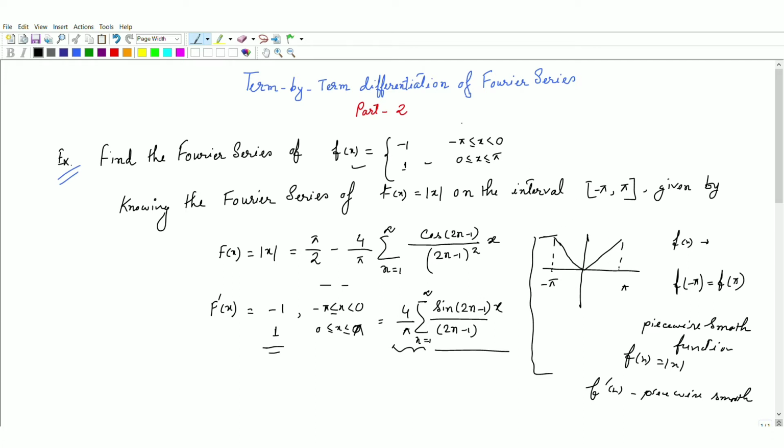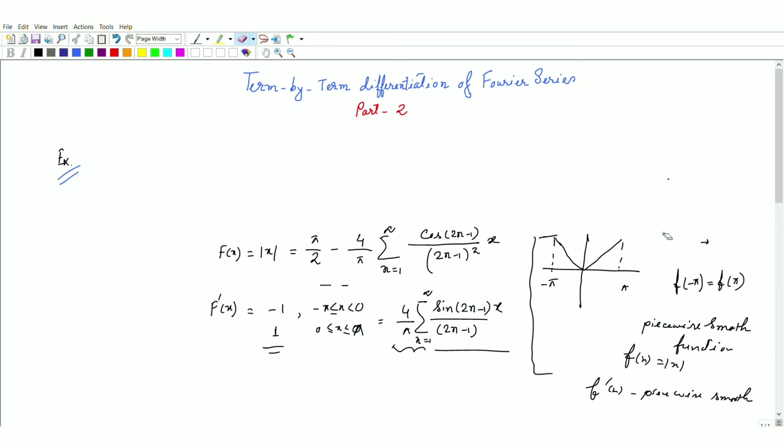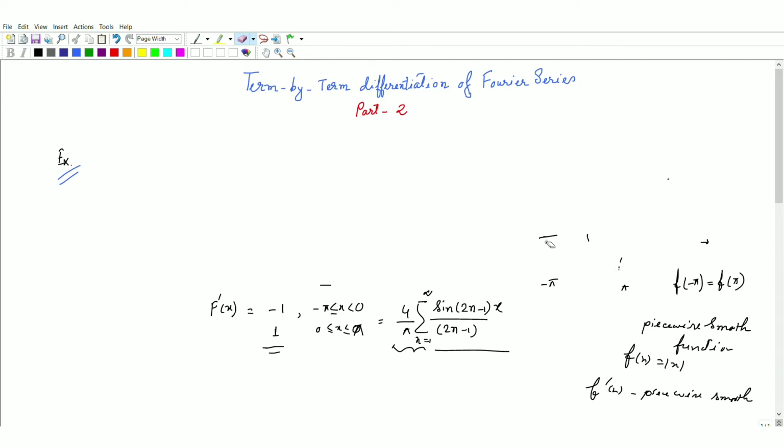Okay, so now we are going to discuss the term by term differentiation of half range cosine and half range sine series. Before studying this, if you have not studied half range sine series and cosine series, go through that video once, after which you can understand this.